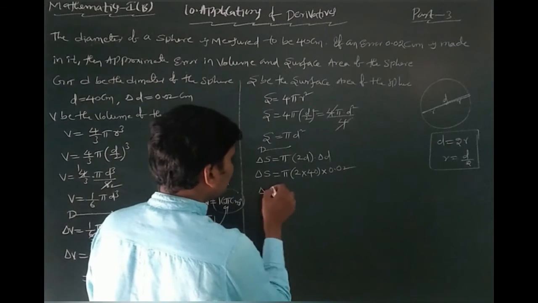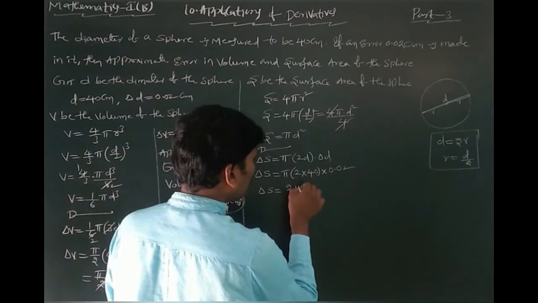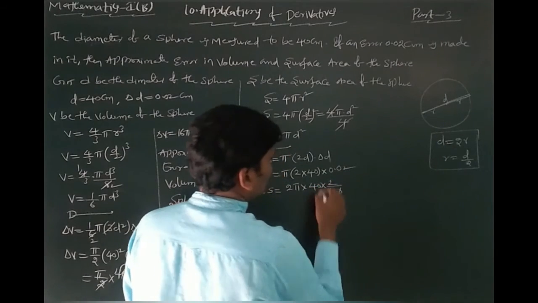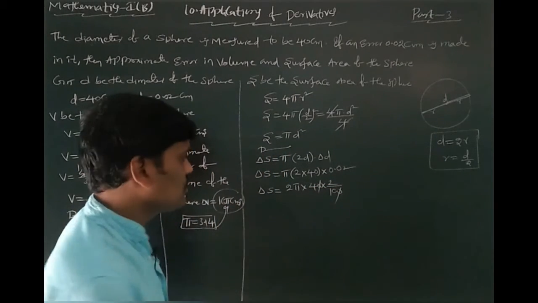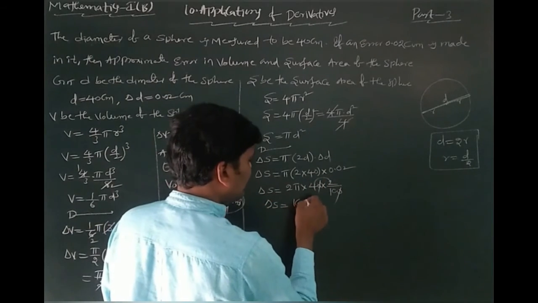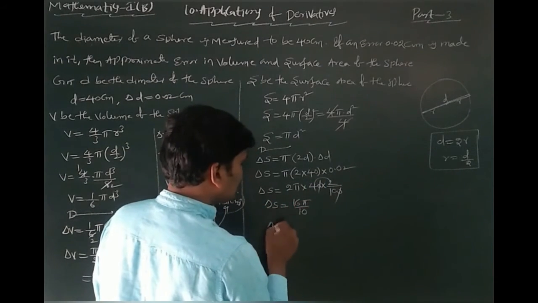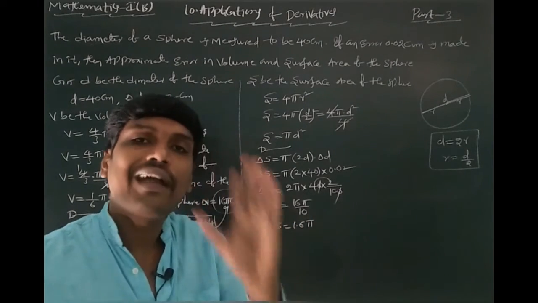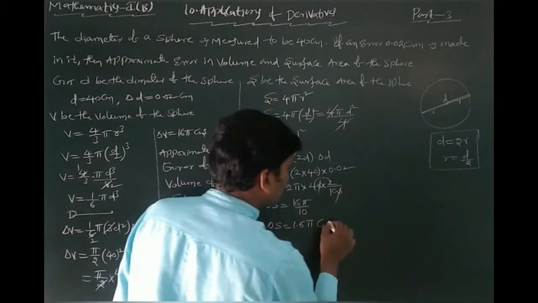After that you can write delta S is equal to 2 pi into 40 into 2 by 100. The 10s get cancelled. 4 8s are 8, 8 2s are 16. Delta S is equal to 16 pi by 10. You can write this as 1.6 pi centimeter square.